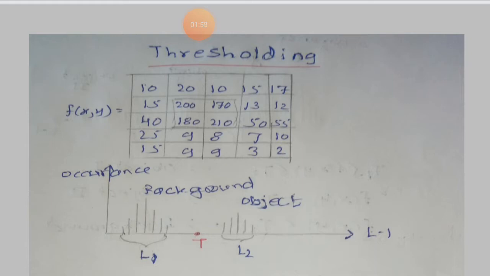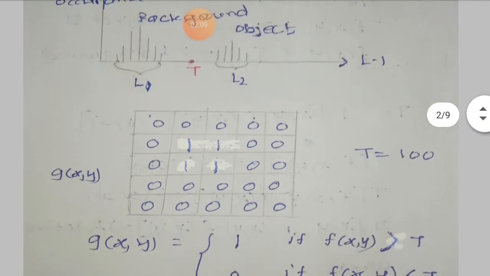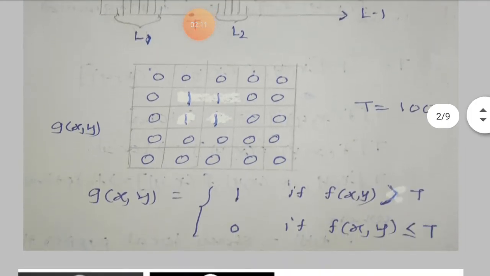Now in between these two, a space is there, so we can set any T in between these two. If we set T equal to 100, then after thresholding we get the image in the form of binary 1 and 0.